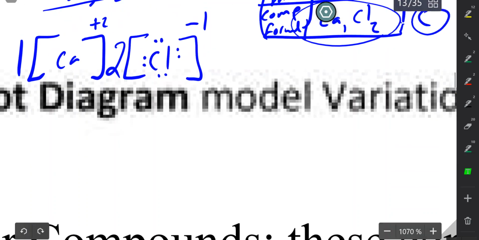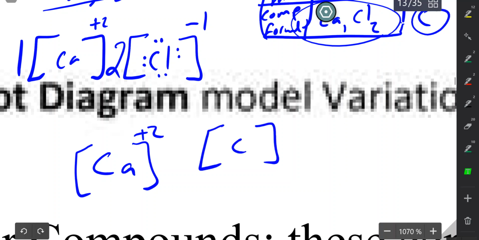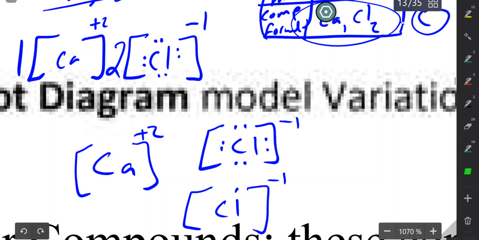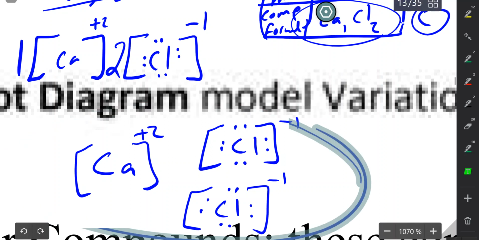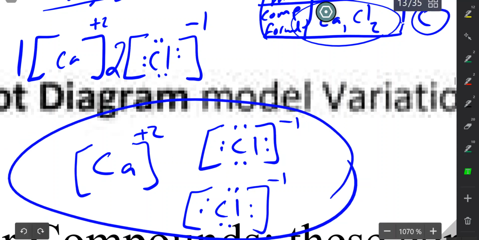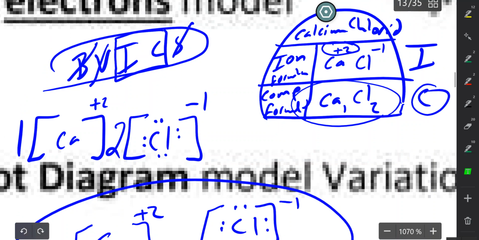Another acceptable way to actually draw this would be a calcium with a +2 charge, and then chlorine, -1, with 8 dots, and another chlorine, -1, with 8 dots. All of these are ways for you to actually draw the Lewis dot diagram of calcium chloride.